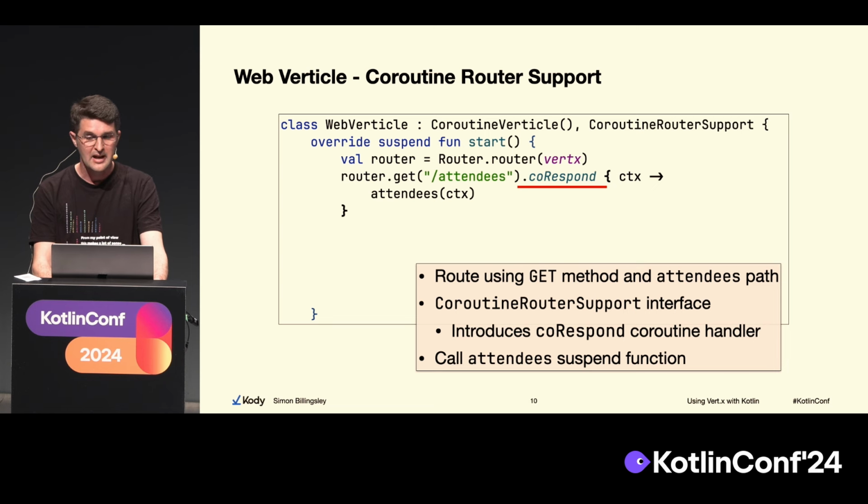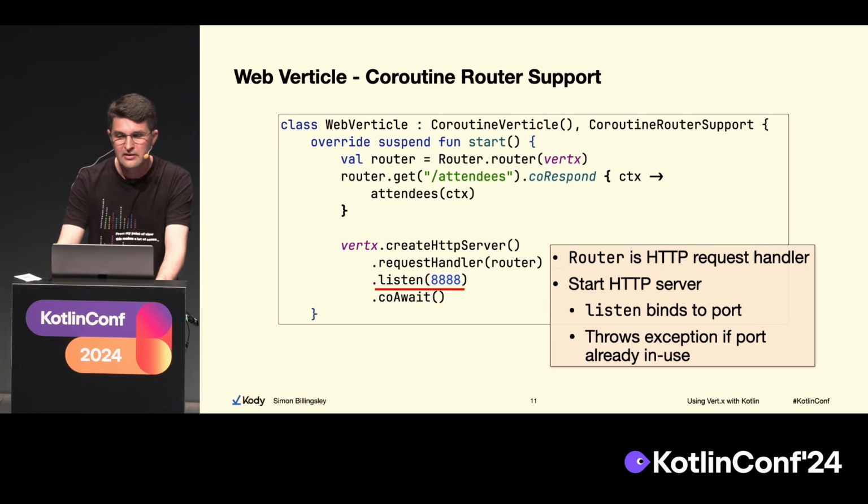Here I'm using the get method and the attendees path, and this verticle uses the coroutine router support interface, which introduces a coRoute extension function. coRoute launches a coroutine using the Vert.x dispatcher when the request is received. The Vert.x dispatcher makes sure that the coroutine runs in the same thread pool as Vert.x. And here I'm calling an attendees suspend method.